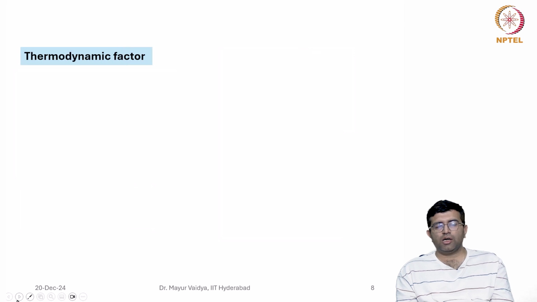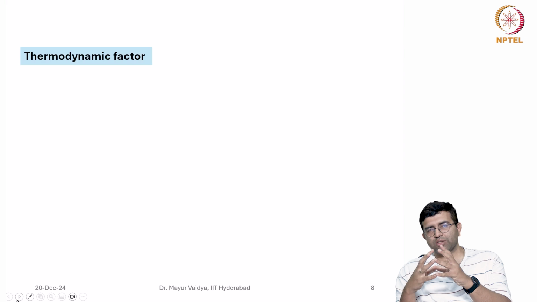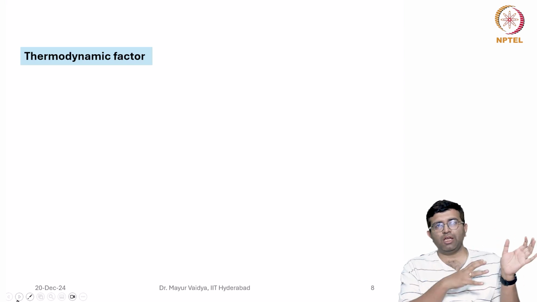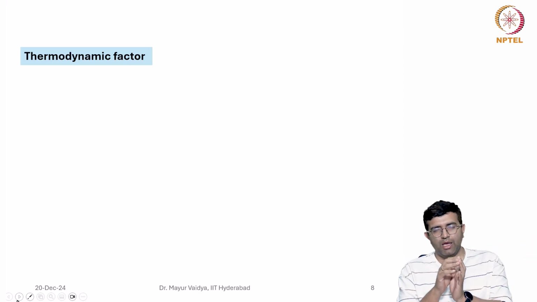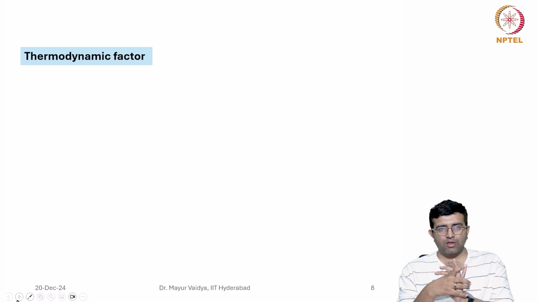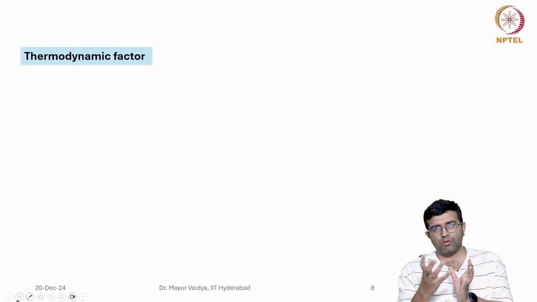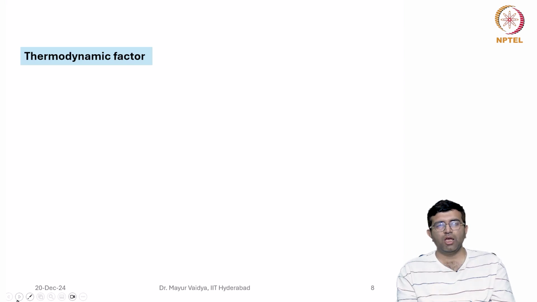Now, in the Darken's relation, what we talked about is the intrinsic diffusion coefficient and the interdiffusion coefficient. There is another interesting quantity that we'll define, or we'll also try to see quantitatively, which is known as the thermodynamic factor. What actually is this thermodynamic factor?